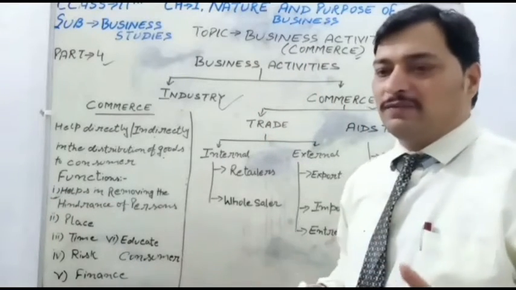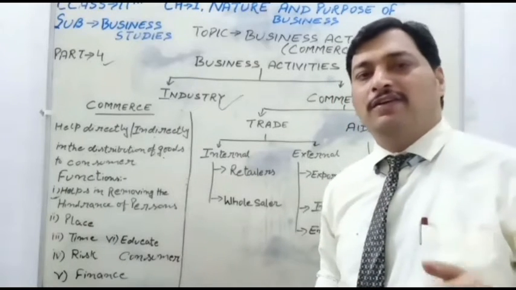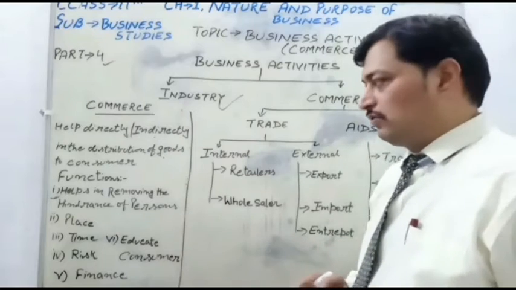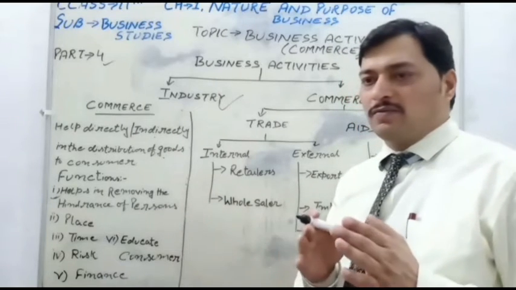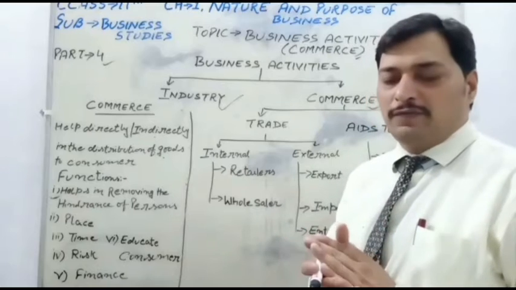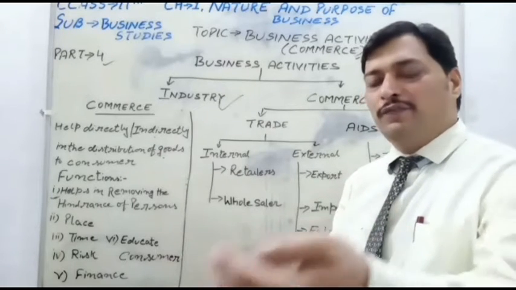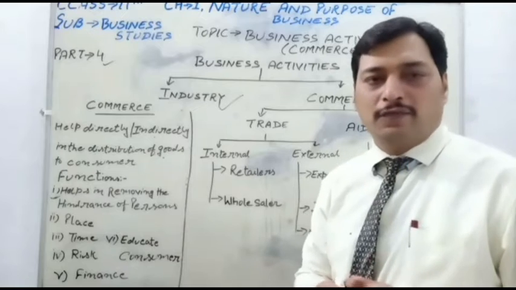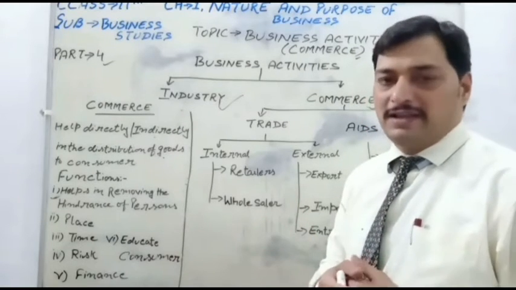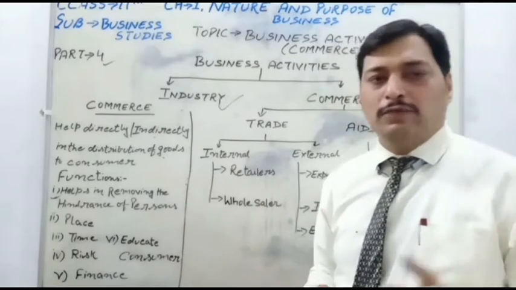Due to commerce, we discuss two persons: first, the manufacturer or producer, and second, the consumer. Both do not know each other. The consumer is different and the manufacturer is different. Manufacturers manufacture the goods in a different area, and the consumer does not know about the manufacturer.